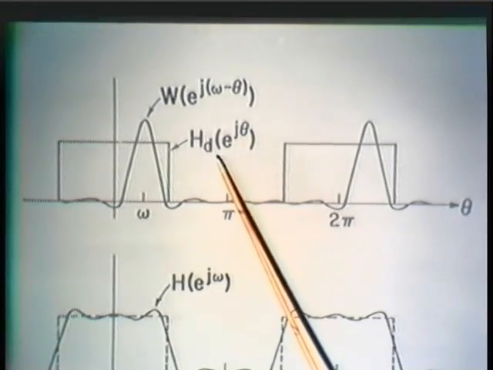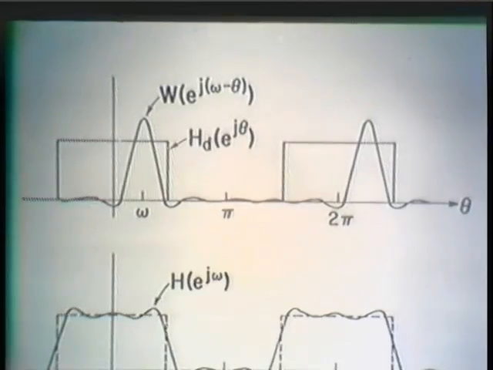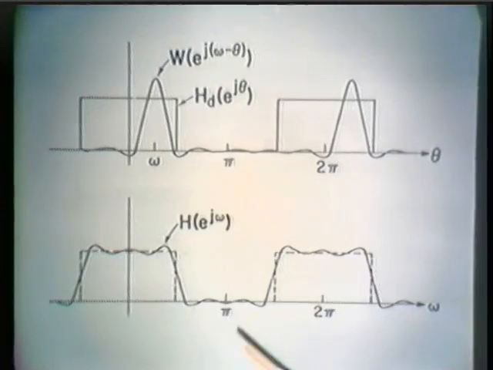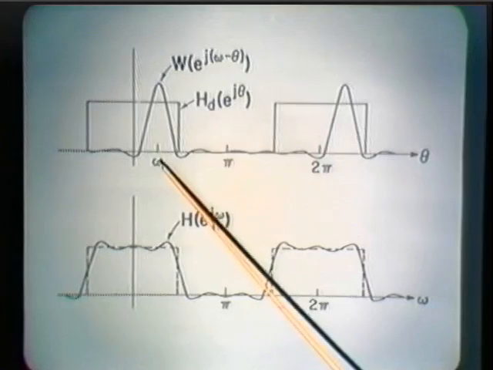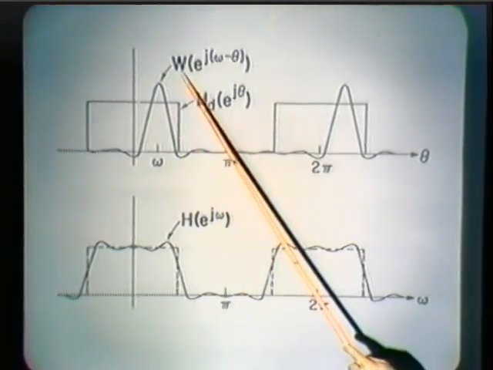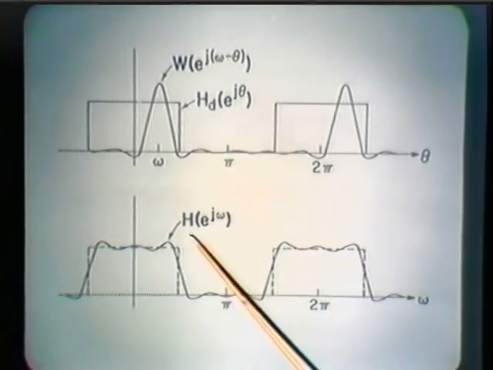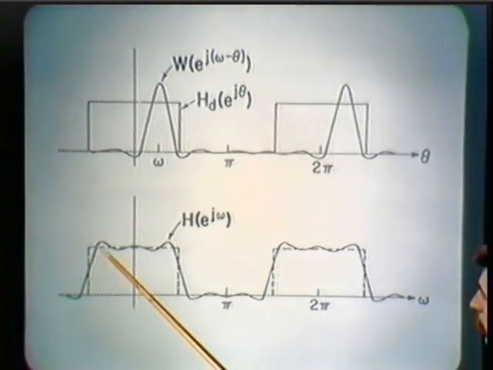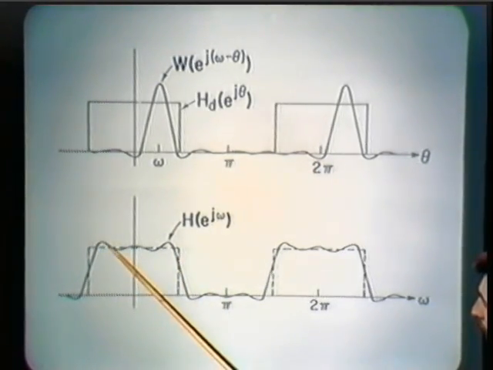And then to obtain the resulting overall frequency response of the finite impulse response filter, that would be obtained by convolving these two together. And we can see that the result of that, very roughly, is to, in fact, at the discontinuity, the almost exact effect is to integrate the window frequency response, and the resulting frequency response for the finite impulse response filter, as opposed to being the ideal characteristic that we desired, in fact, has some ripples in it.